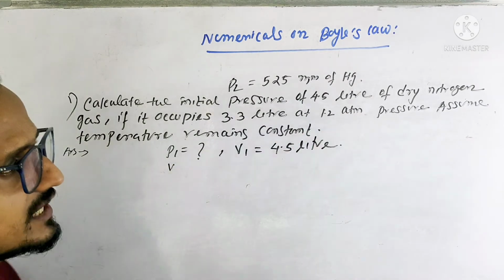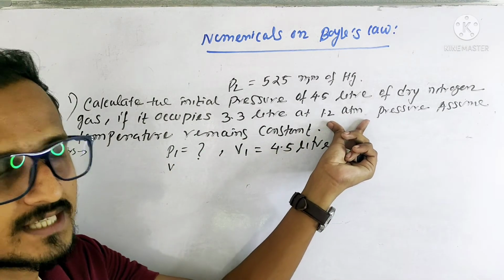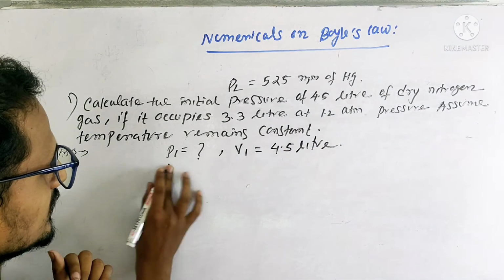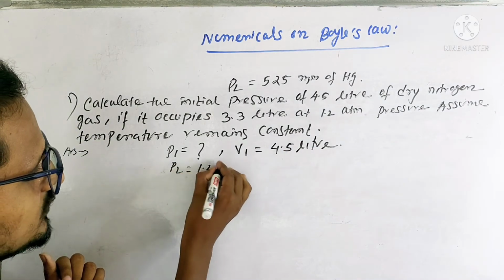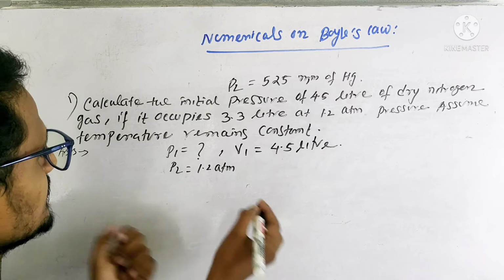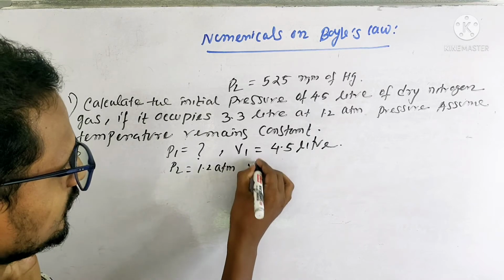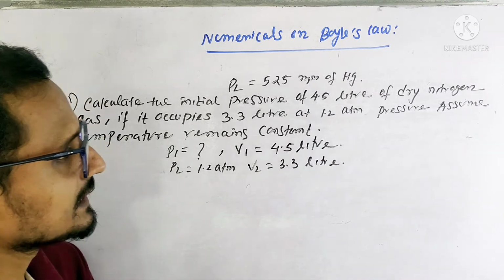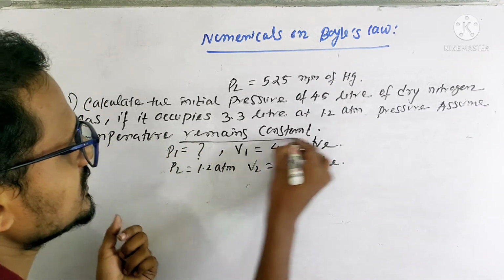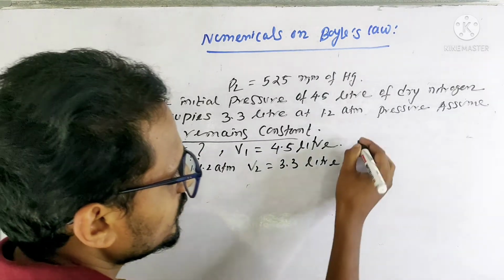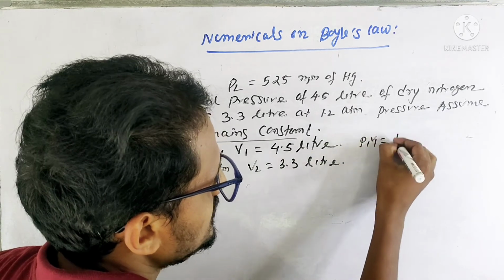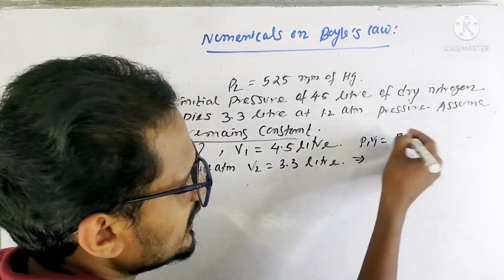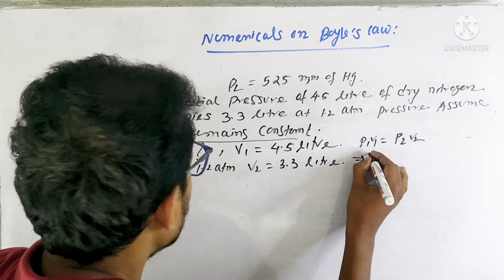At 1.2 atm pressure, that is the final pressure P2 equals 1.2 atm, and V2 equals 3.3 liter. Boyle's law will be applicable because the temperature remains constant, so P1 V1 equals P2 V2.